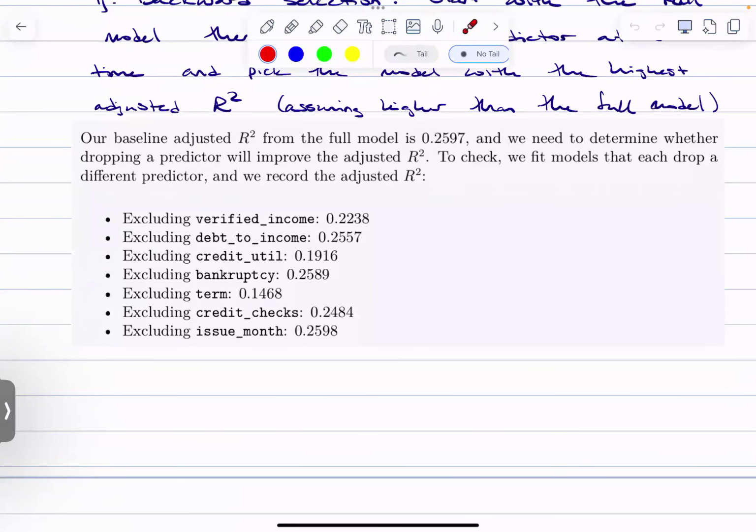So for example, our baseline adjusted R-squared from the full model is 0.2597, and what we could do is refit the full model, excluding each of these one at a time. In Excel, each would be a model, and so there would be a lot of output.